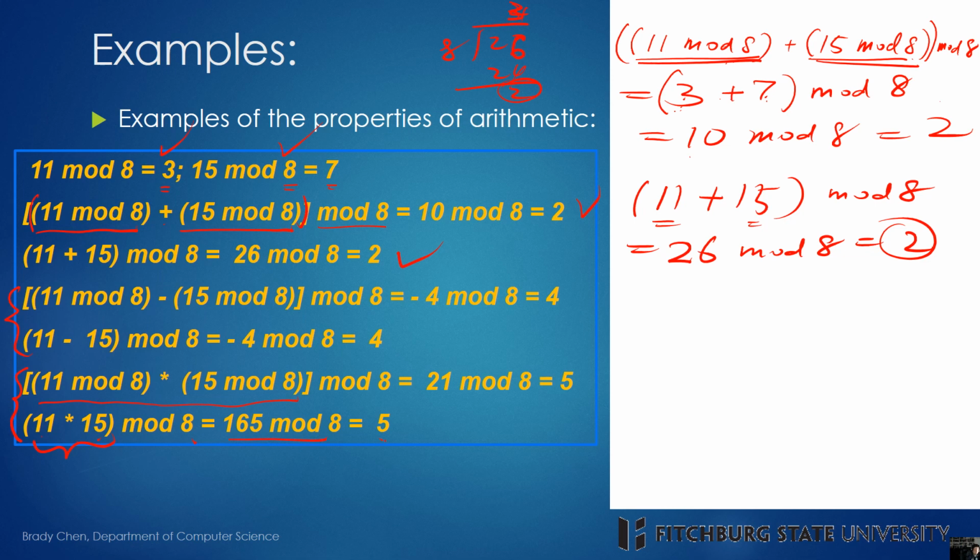Now, if we do 11 mod 8 first, which is 3, and 15 mod 8 first, which is 7, then 11 times 15 becomes 3 times 7 mod 8, which is 21 mod 8. Now we got the same result.